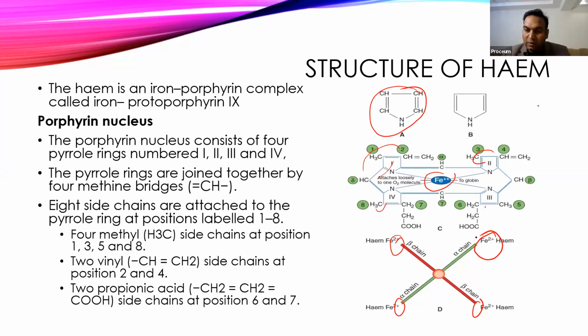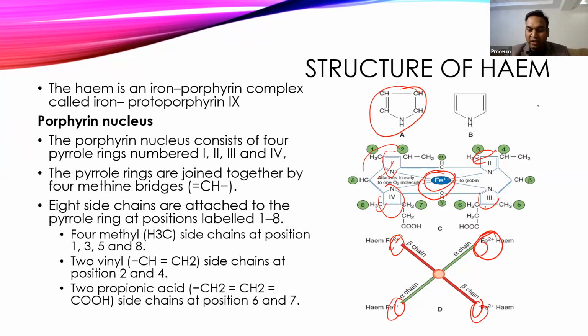Keep the structure in mind. There is a porphyrin ring, the 4 porphyrin rings will combine together, and in the center there will be the iron. Together this will form the iron porphyrin complex. And these 4 iron porphyrin complexes will attach to the different ends of the globin.